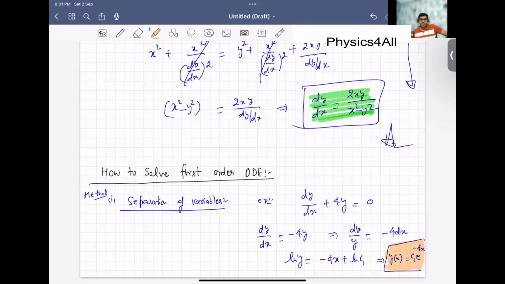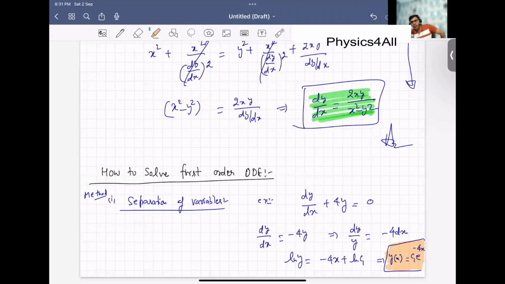Fine. Hope it is clear. Now, whenever you have a first order differential equation and you write the general solution of it, it is called the general solution. Why? Because it involves a constant c1 which is undetermined right now. In the present situation, they have given no initial condition, no starting point, so you cannot fix c1.